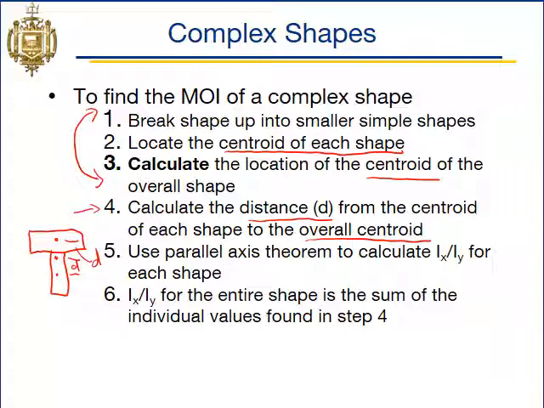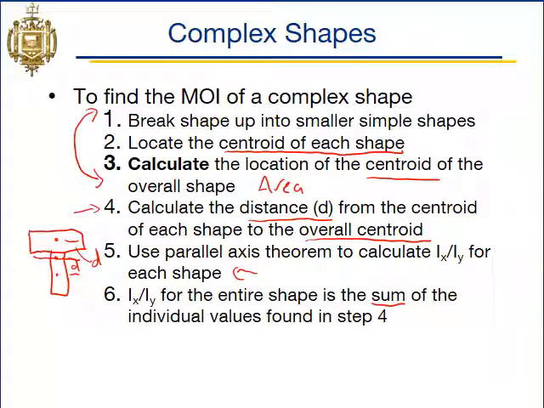Once we have those distances, we can use the parallel axis theorem to calculate Ix, the moment of inertia about our overall centroidal axis for each shape. And then step 6, we go ahead and sum those up. Remember, part of finding the centroid is calculating the area, so you'll already have that.